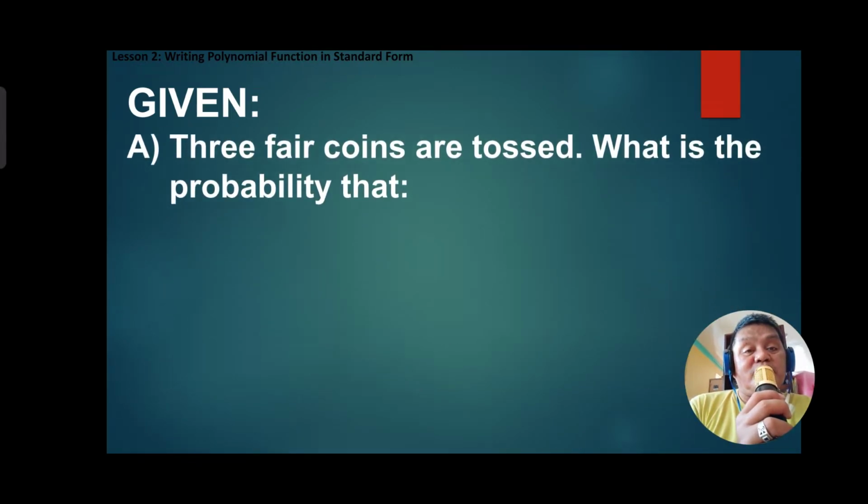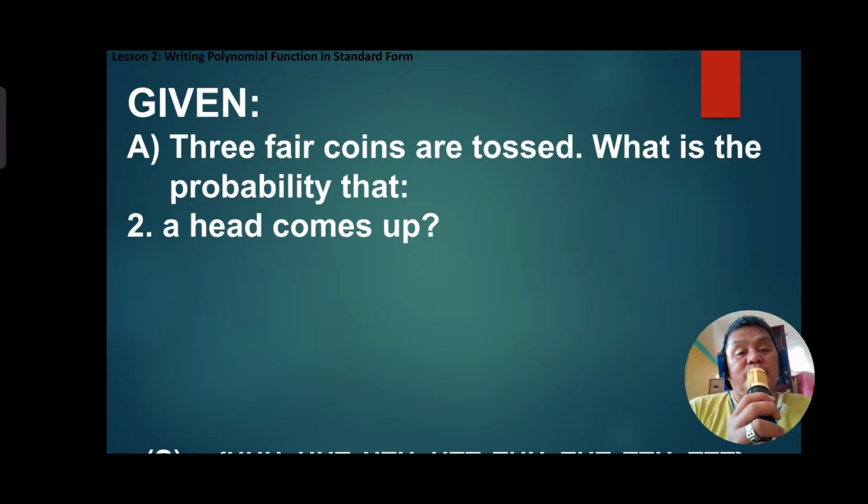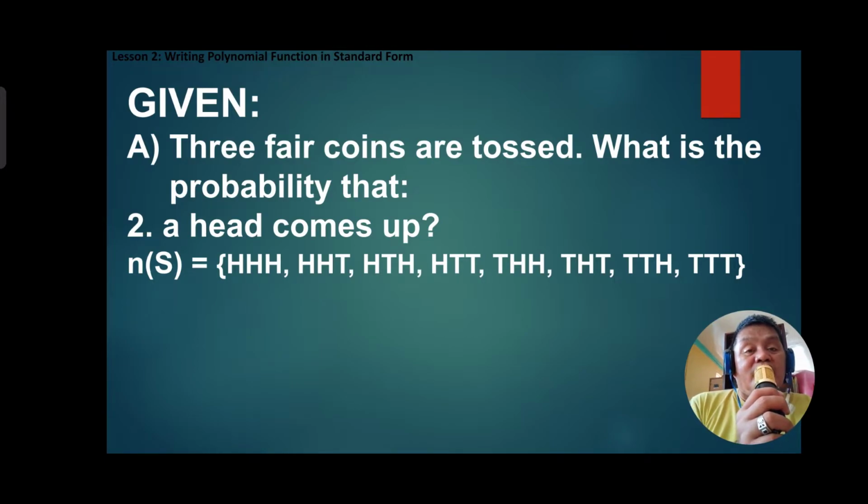We have number 2, the same problem. You are going to find the probability that a head comes up. A head comes up, meaning there is only one head in the combination. We are going to find the number of outcomes in the sample space of the given problem.